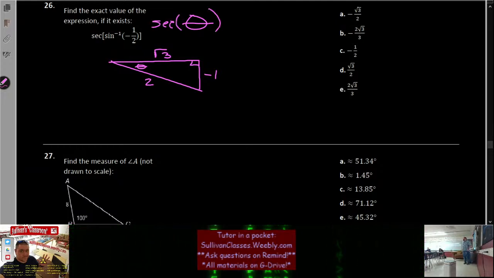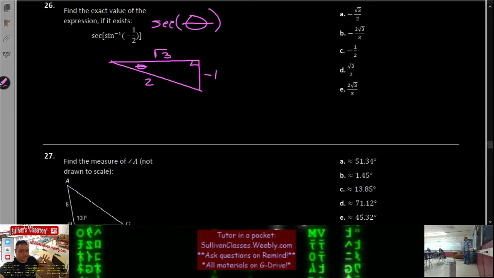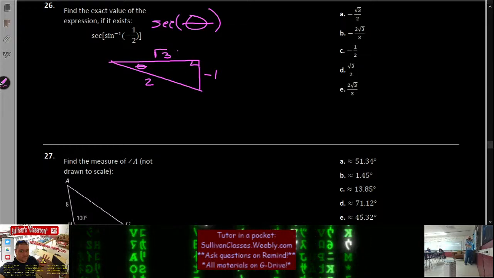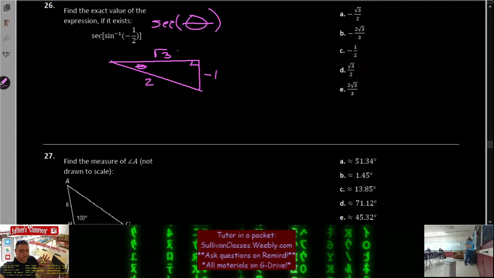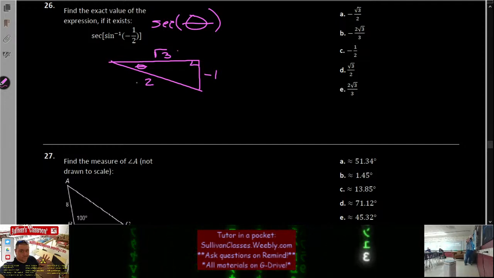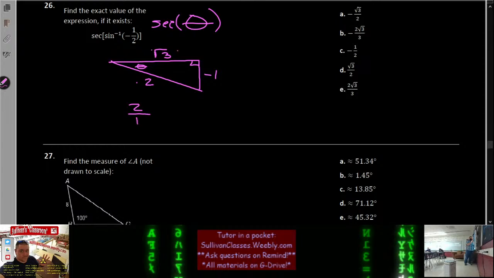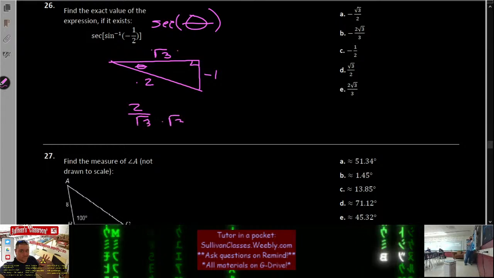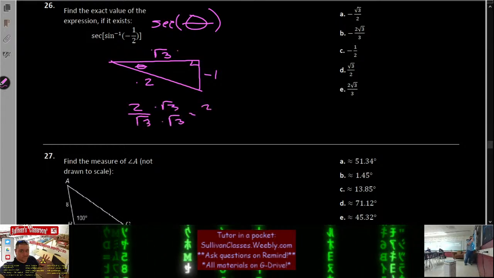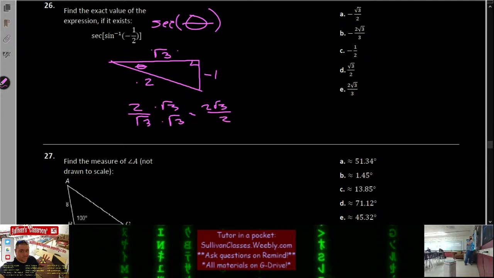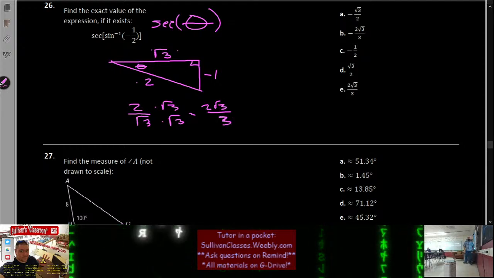Now go find the secant of theta. Secant is hypotenuse over adjacent, and then rationalize it. I actually screw up more doing it the long way.